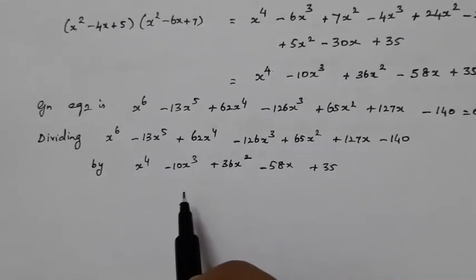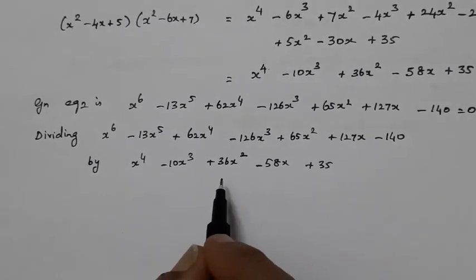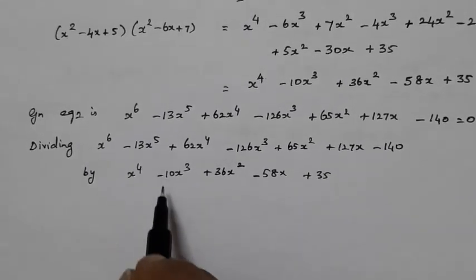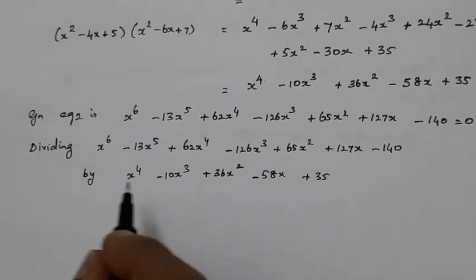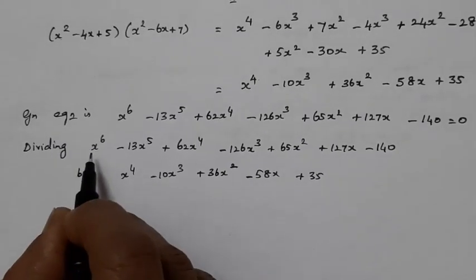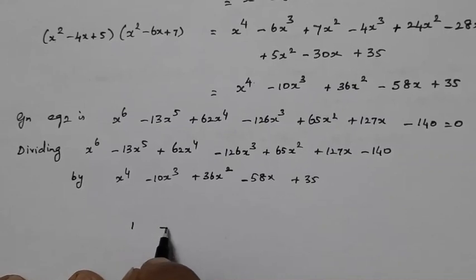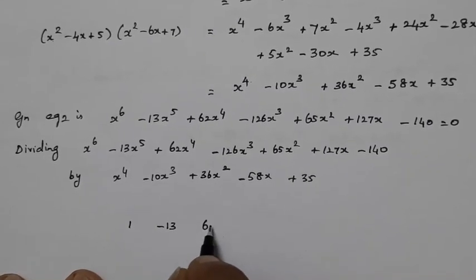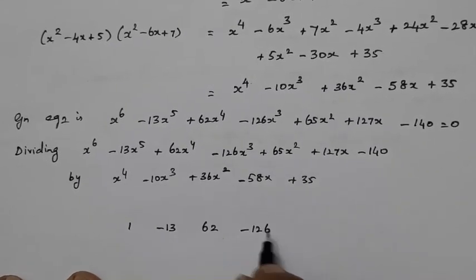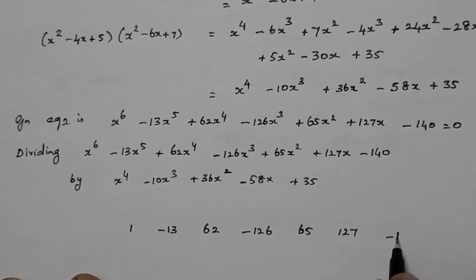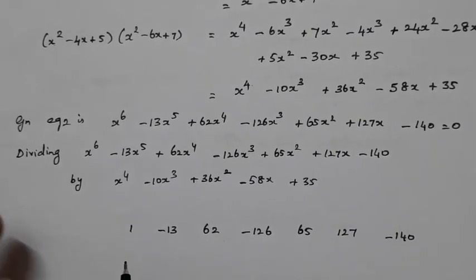While dividing, we can use the detached coefficient method. Instead of taking along the variables, we can use the coefficients alone. That is called the detached coefficient method. So write down the coefficients of the dividend: 1, -13, 62, -126, 65, 127 and -140.